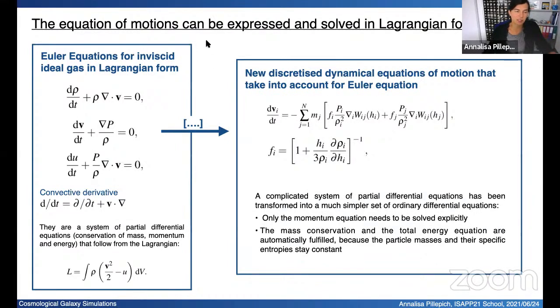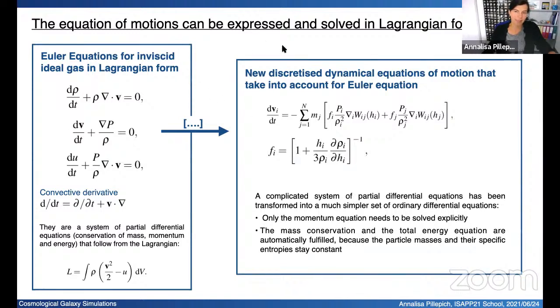This is the discretized version of the dynamical equations of motion from the Euler equation. So we've gone from a complicated system of partial differential equations to a simpler set of ordinary differential equations. And among the various equations we talked about, the only one that now needs to be solved is the momentum equation, because the mass conservation and the total energy equations are automatically fulfilled by the discretization into point mass particles.